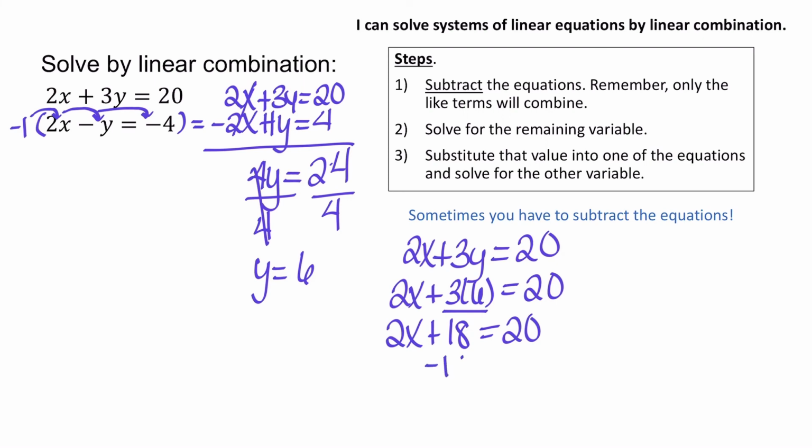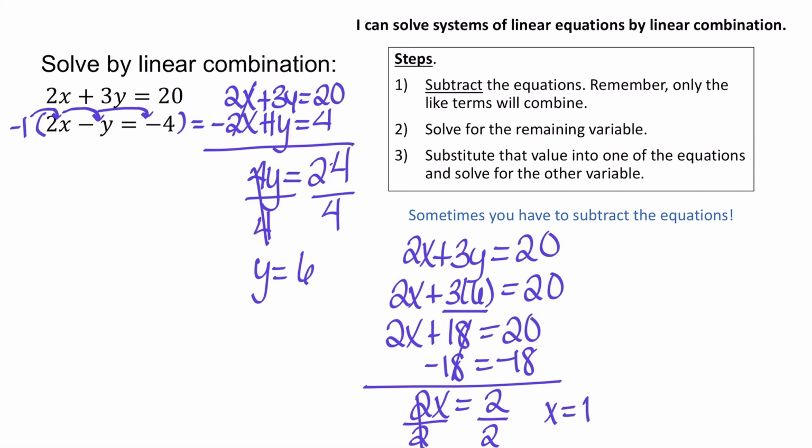Now to solve for x, I'm going to subtract 18 from both sides. I'm left with 2x equals 20 minus 18, which is 2. I can divide both sides by 2. So I have x equals 2 divided by 2, which is 1. So now I have x equals 1, y equals 6. That is now the solution to my system of equations.